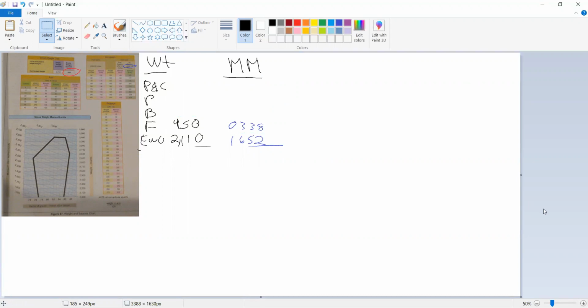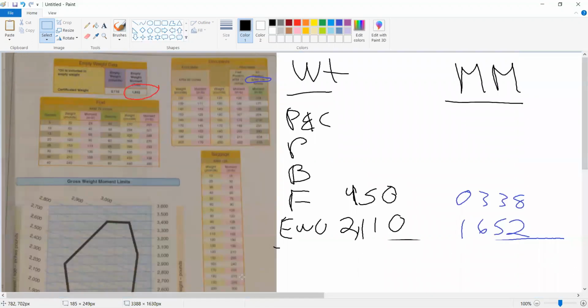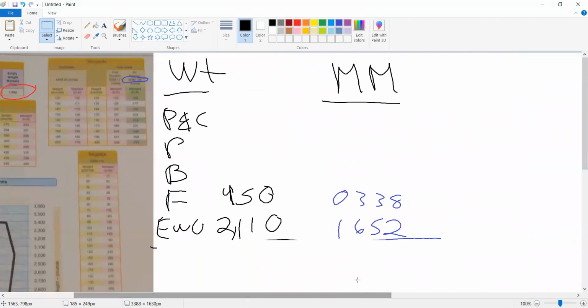All right, so I'll have those numbers in because they're the same, right? The weight of the aircraft without oil is that, and the moment, and since the fuel was 75 gallons, after you do the math, 75 times 6, we get that.